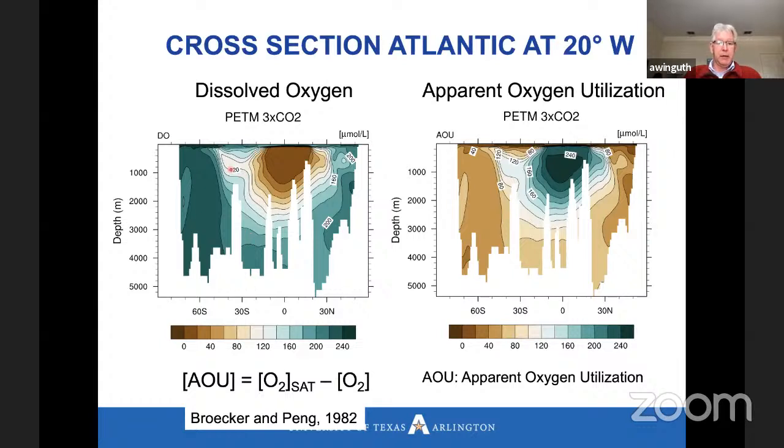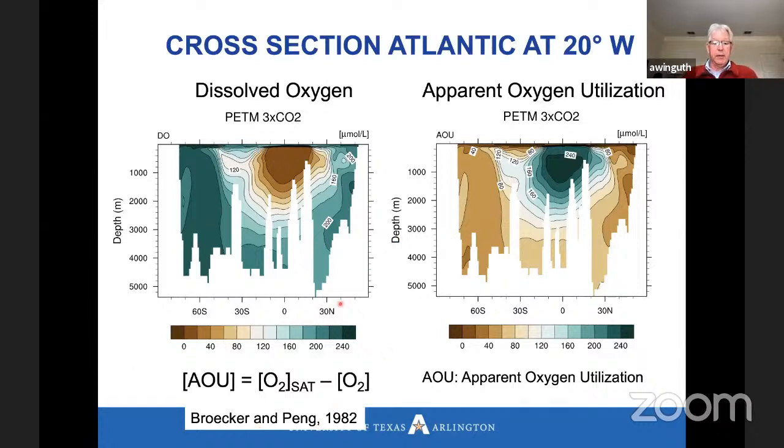But here the oxygen concentration is shown. So we do have well ventilated oxygen here into the abyssal ocean, mostly from the Weddell Sea. And then we do have this low oxygen concentration below the productivity zone. This is mostly by decomposition, by remineralization of particulate organic carbon in that layer, which then consumes the oxygen.